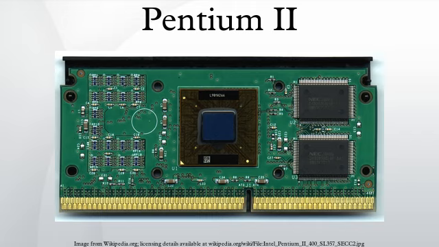Deschutes, L1 cache, 16 plus 16 KB, L2 cache, 512 KB, as external chips on the CPU module clocked at half the CPU frequency.